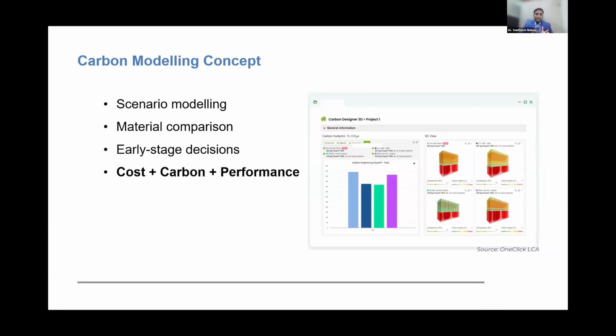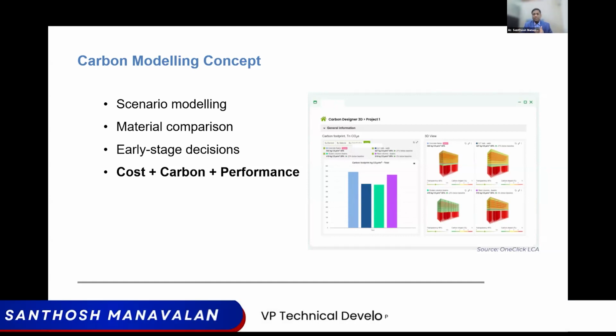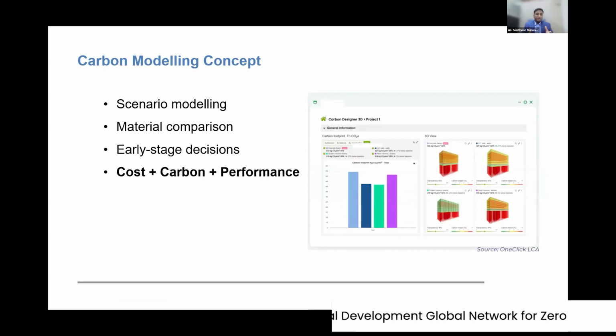Even if we make a 25 to 30% difference by altering some material choices with respect to the EPD data, if possible vendor-specific data, if not then at least generic data sets and EPDs of international standards, we could understand how much carbon that building could be consuming when it comes to embodied carbon.